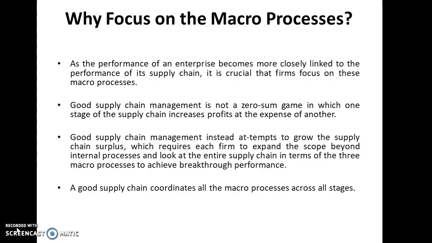If you take the performance of any company or firm, it is closely linked to the performance of its supply chain. So, if you want to improve the performance of a firm or company, it is very important for a company to focus on these macro processes.